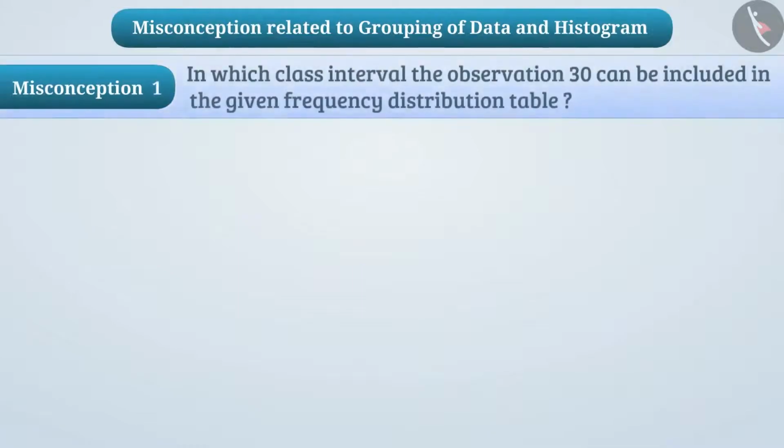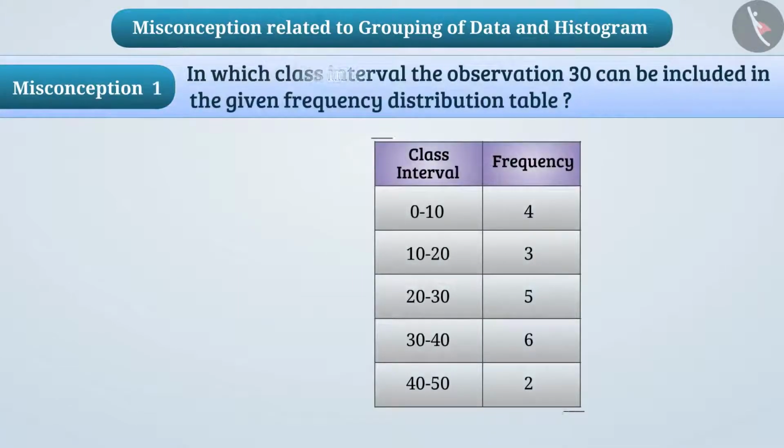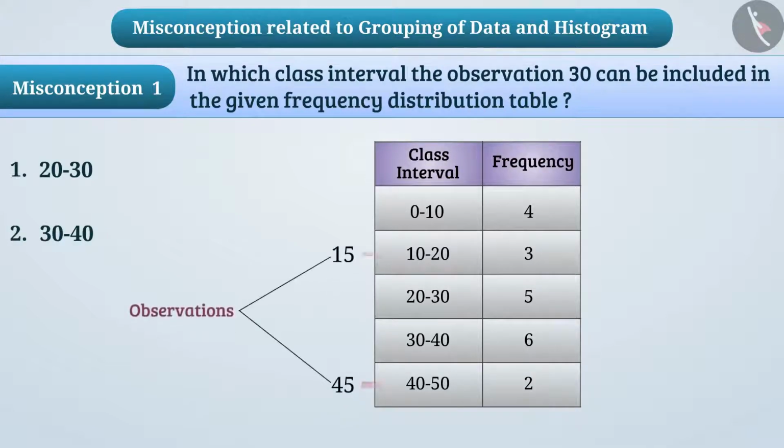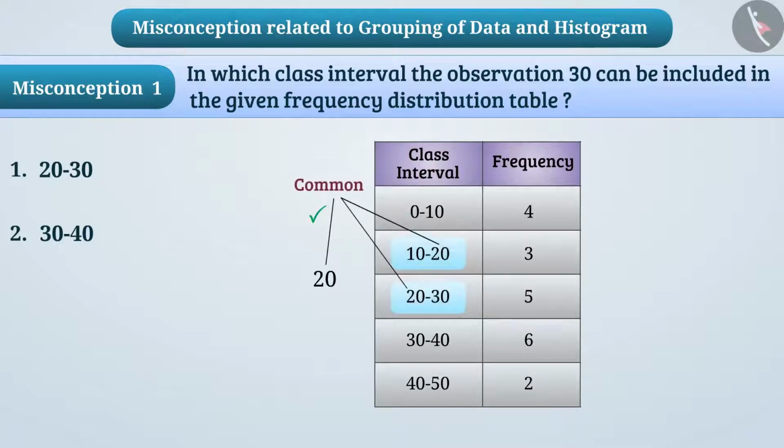Misconception 1. In which class interval can the observation 30 be included in the given frequency distribution table? In the frequency distribution table, children easily classify observations that are not common to two class intervals, but when they find an observation that is common to two class intervals, they cannot classify it.